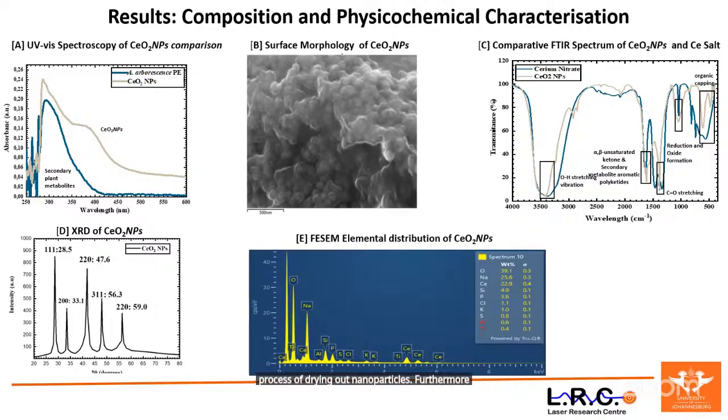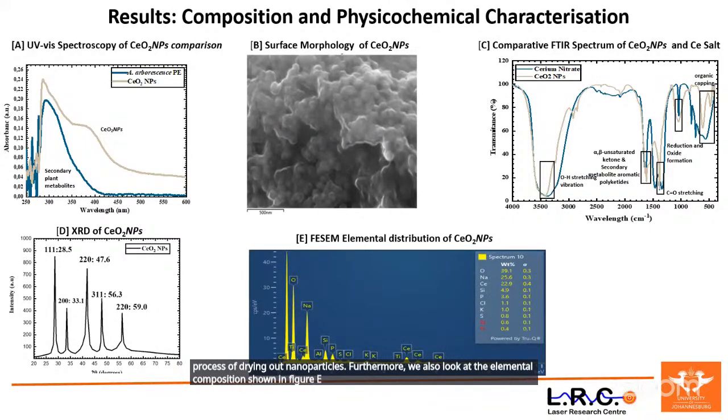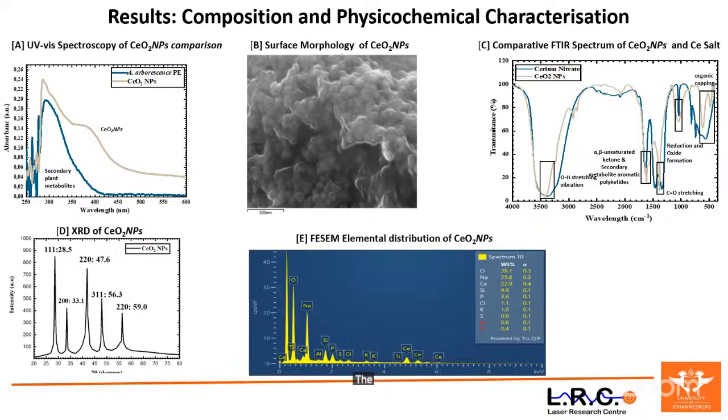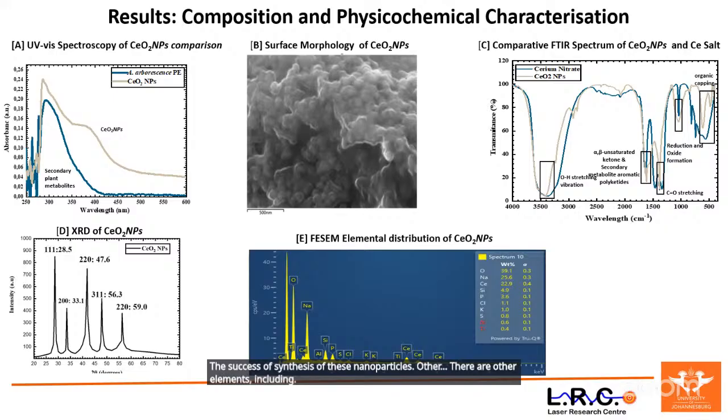Furthermore, we also looked at the elemental composition shown in figure E, and we saw that cerium and oxygen were the important elements, showing the successful synthesis of these nanoparticles. Other elements including sodium, chlorine, and sulfur were found on the glass slide and also in parts of the plant extract that we used.